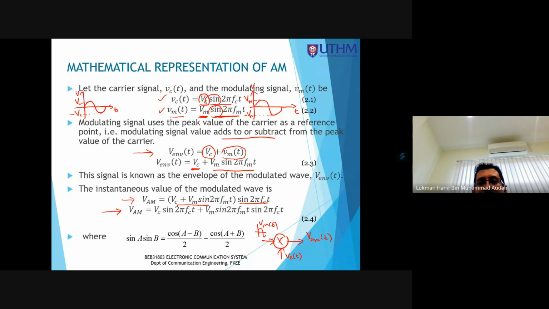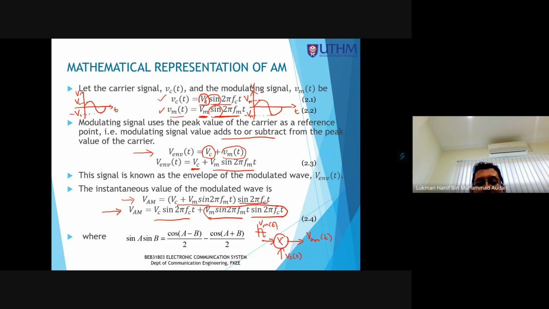Okay, so the AM signal is Vc sine 2 pi fc t plus Vm sine 2 pi fm t sine 2 pi fc t. And we need to simplify this part, because this is sine and sine.